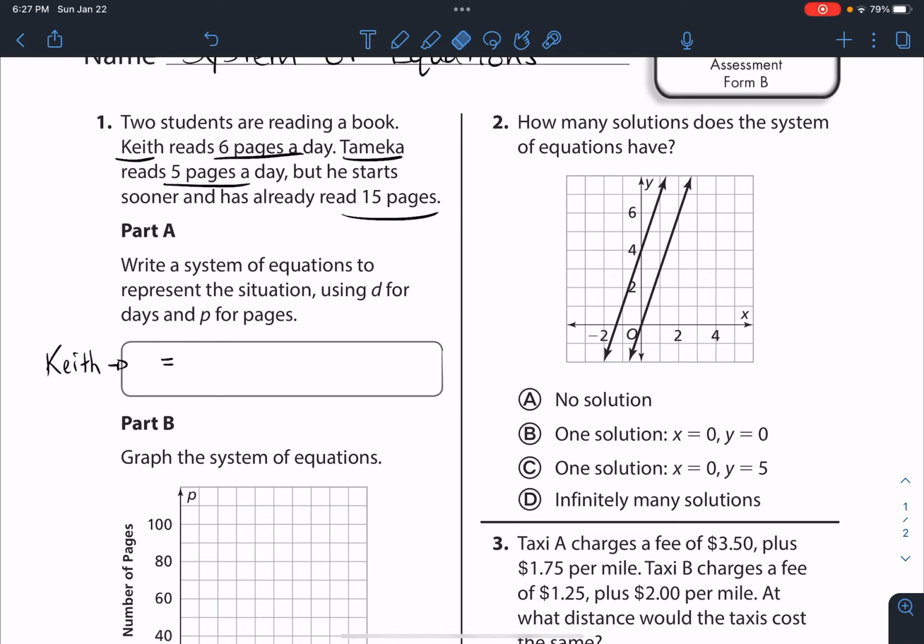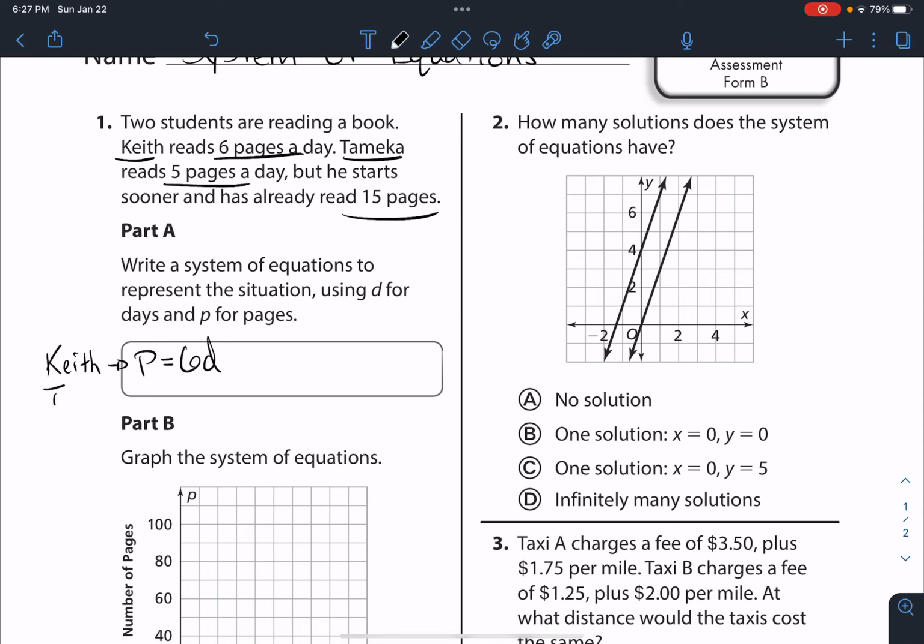I'm sorry. Yeah, pages would equal 6 times your days, because you're doing pages per day. So you got 6D. Let's say you picked 3 days, how many pages would you do? Well, you would do 6, 12, 18. So 3 times 6 would be 18 pages. So on day 3, you'd be at 18 pages. And that's how that would work. So that was Keith.